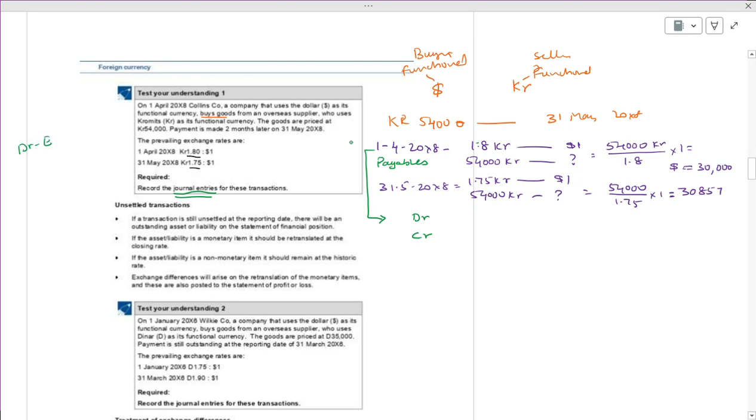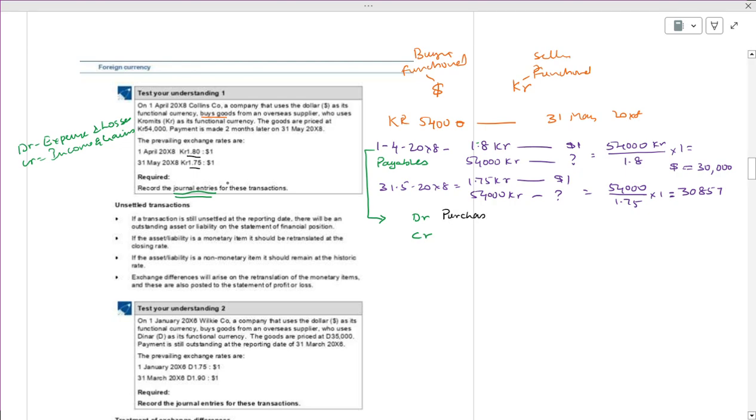Debit expenses and losses. Credit incomes and gains. Great. Now they are purchasing. Purchase is an expense. Purchase will always be debit.